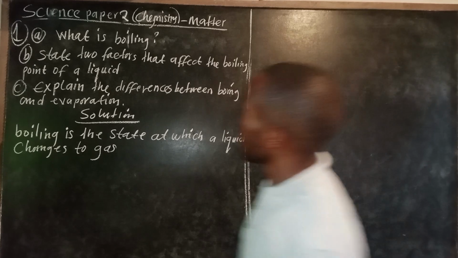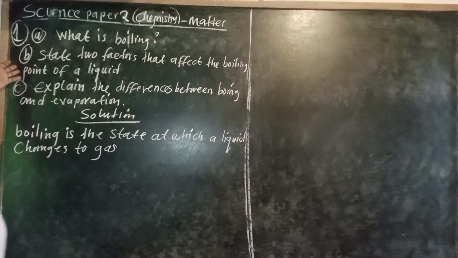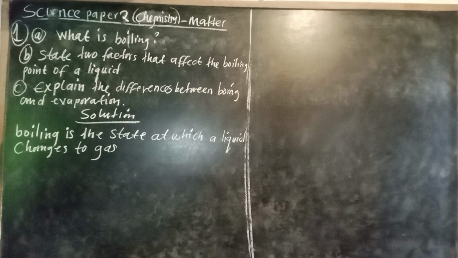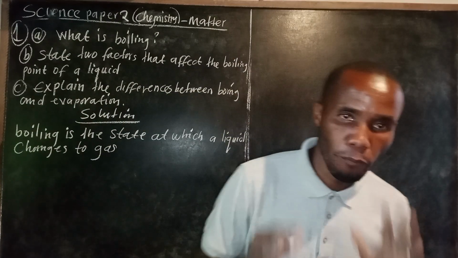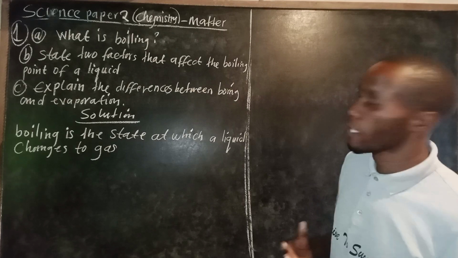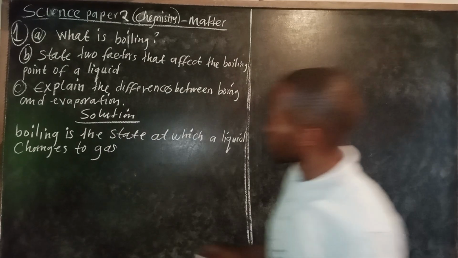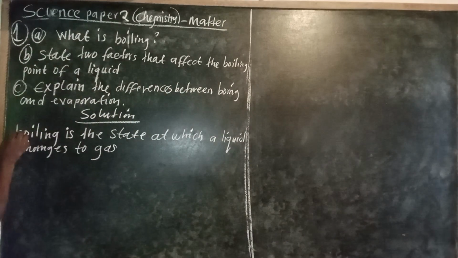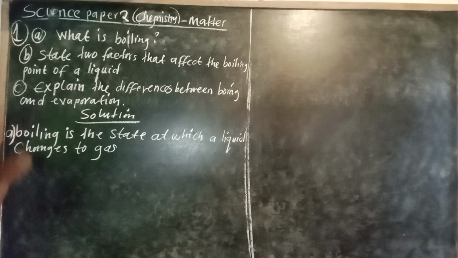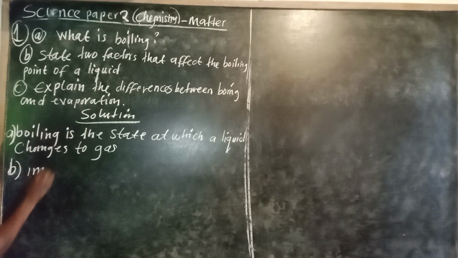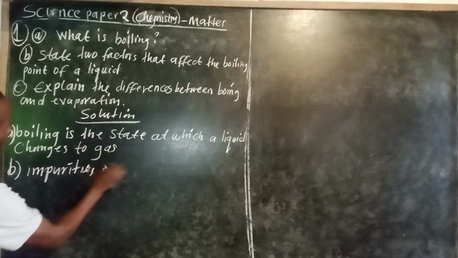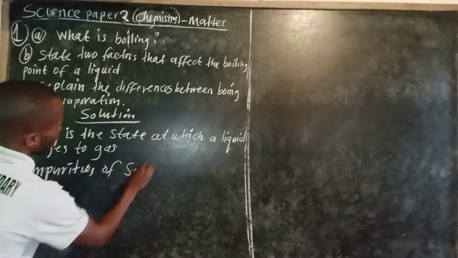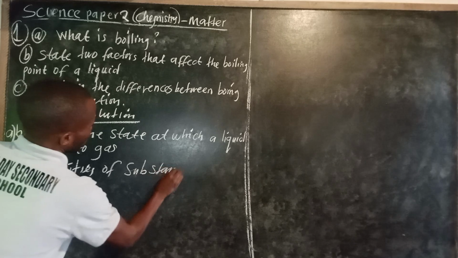Then the other one, state two factors that affect the boiling point of a liquid. So the two factors that affect the boiling point of a liquid, one of them is impurity. So this is A, then we go to B. Impurities of substance.